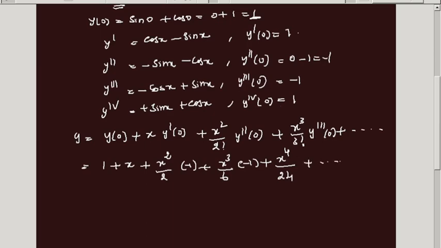So plus so on. So here we can write y equal to 1 plus x minus x square by 2 minus x power 3 by 6 plus x power 4 by 24 plus so on. This is the Maclaurin series for square root of 1 plus sin 2x.